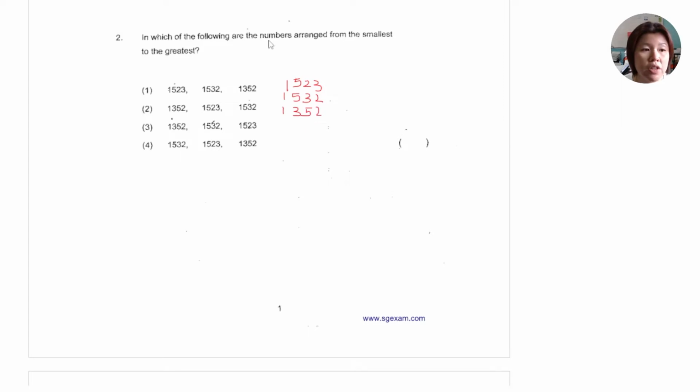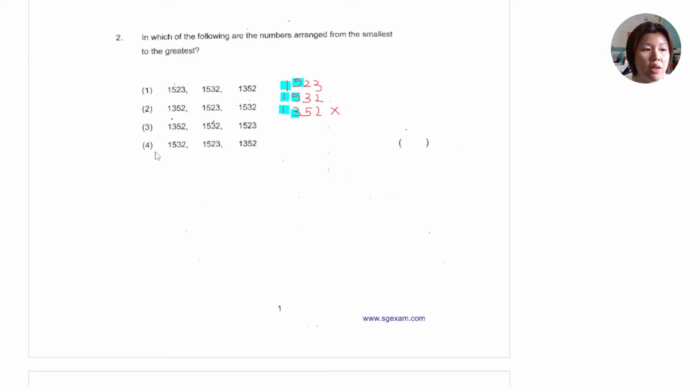So we look at the digit first. Everybody is 1. The next one is 5 and 3. So it cannot be because my 3 is the smallest but it's in the last place.